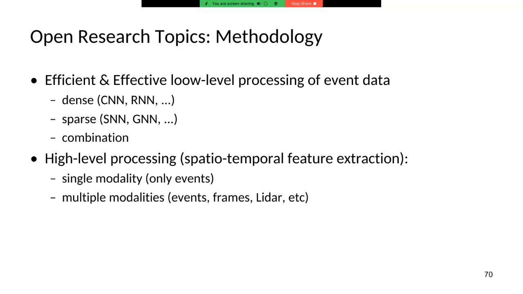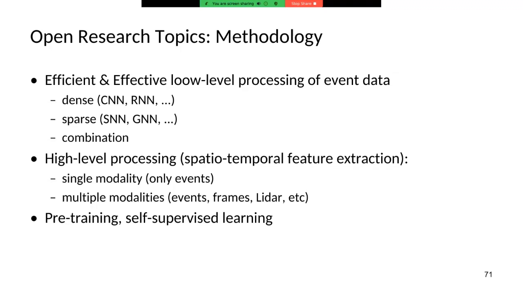And also, how do we combine multiple modalities? I think this is maybe closer to being solved now, but it's still a very interesting question. And then in the end, one thing that is almost completely unexplored is pre-training and self-supervised learning. When we have machine learning models that we train on event data, we typically train from scratch. But this is very different from people who work on conventional frame-based vision.